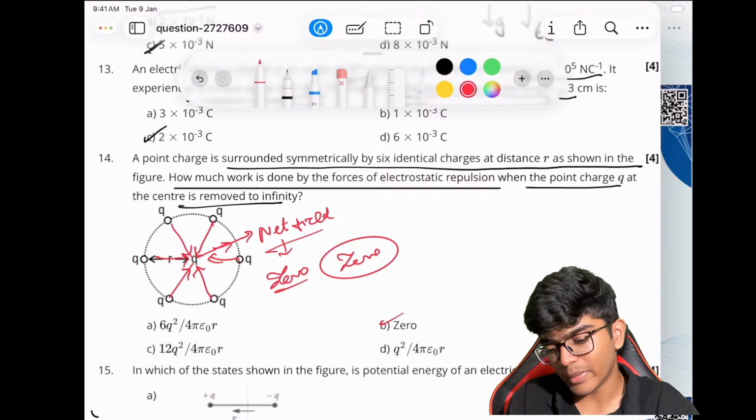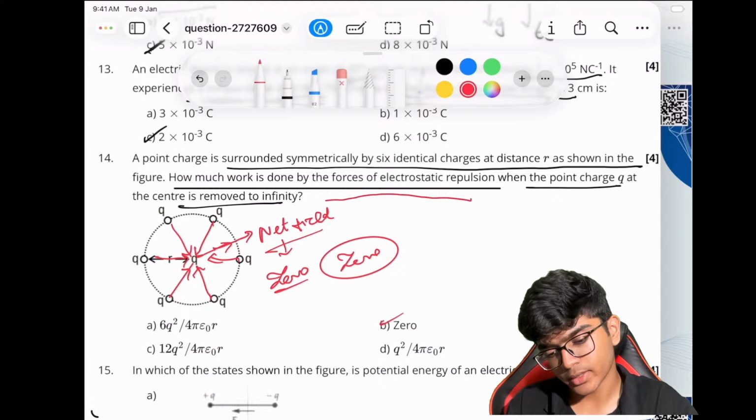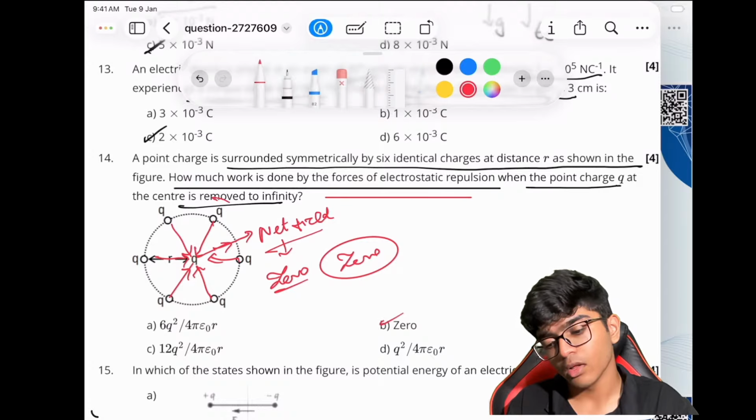How much work is done by the electrostatic force of repulsion when the point charge q is moved to infinity?